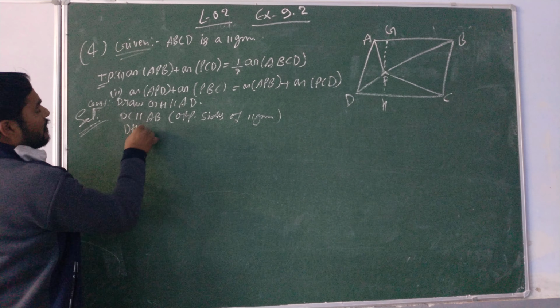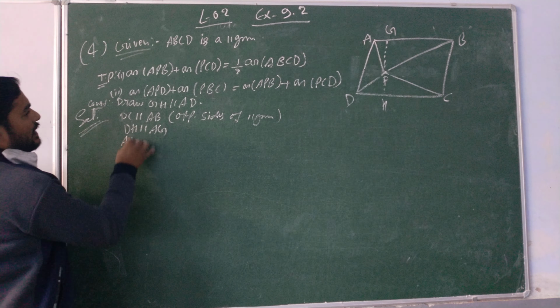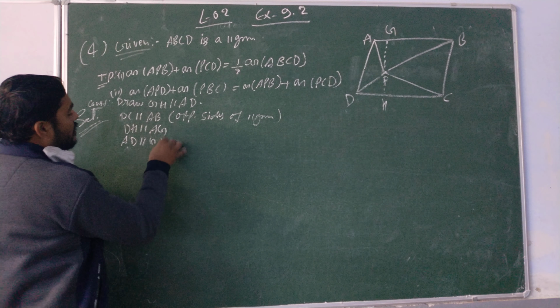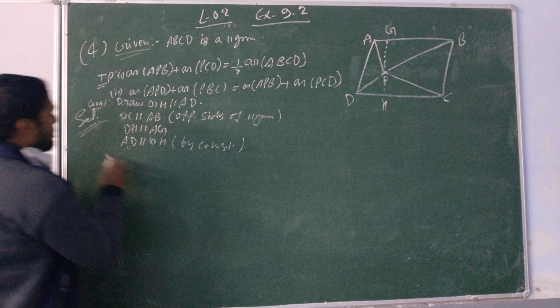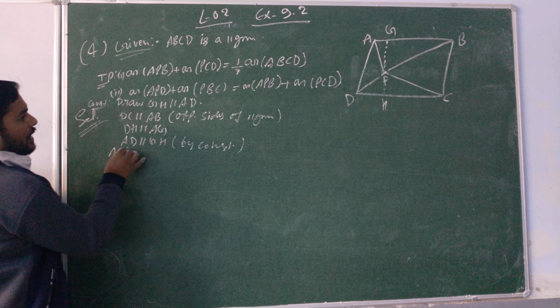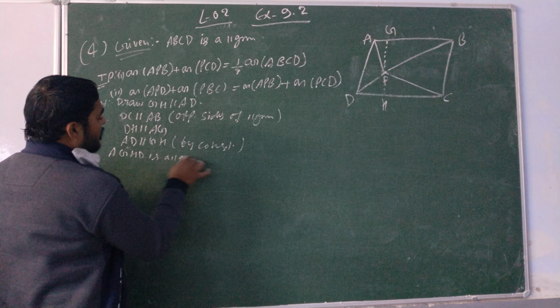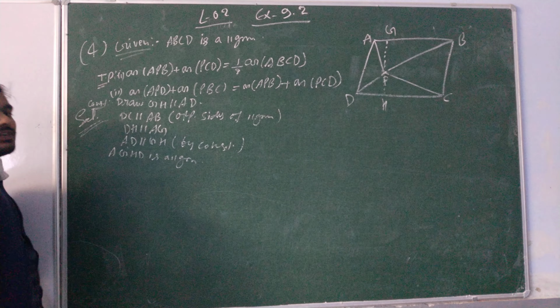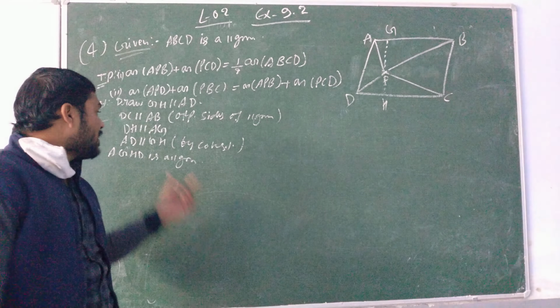DH is parallel to AG and AD is parallel to GH by construction. So we can say that AGHD is a parallelogram, because opposite sides of the quadrilateral are parallel to each other.